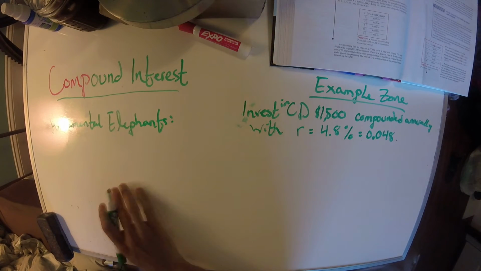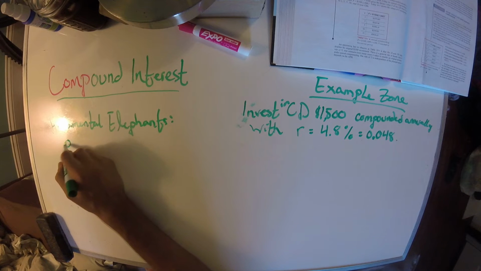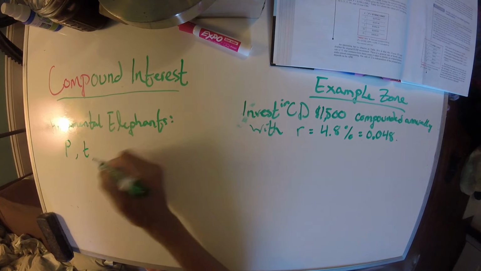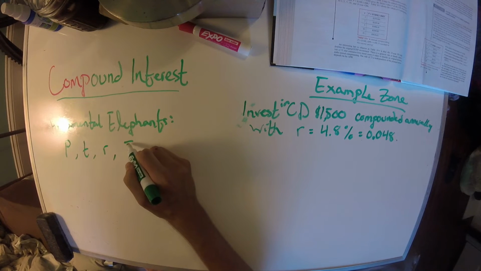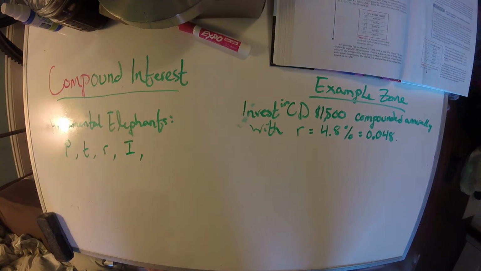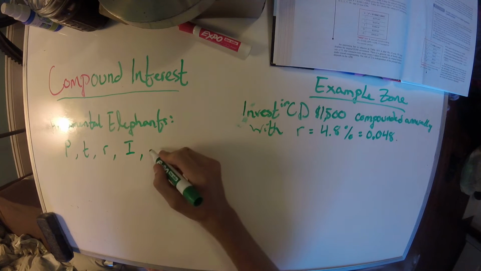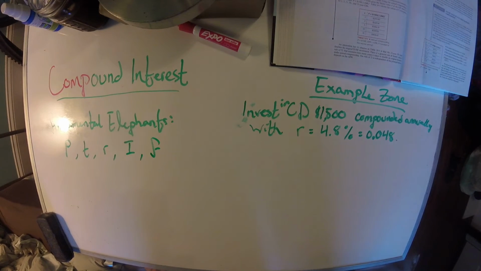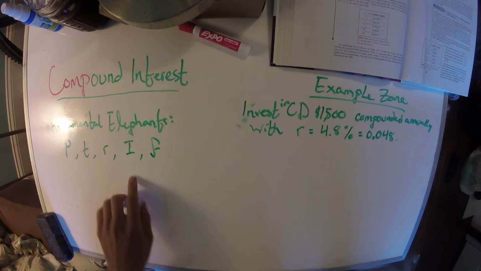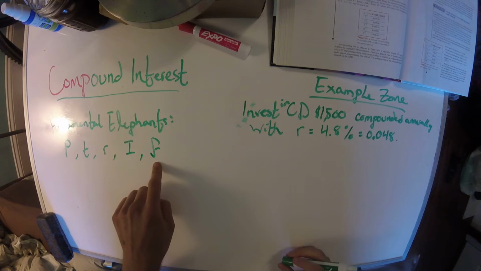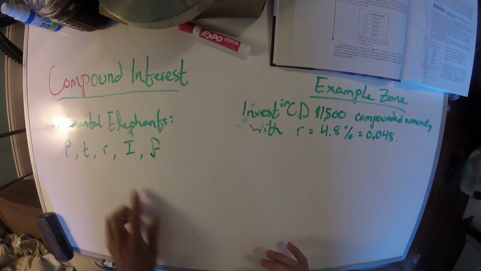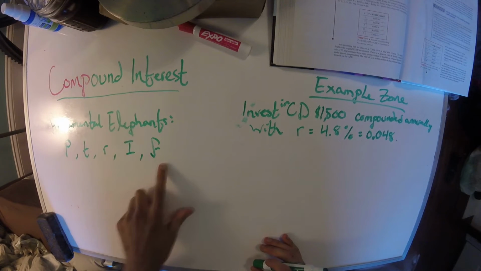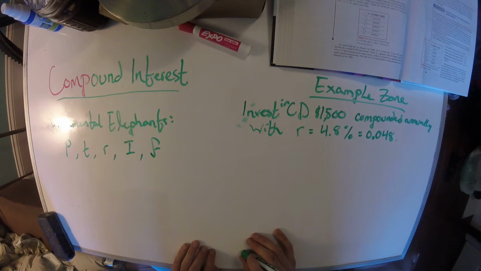And those are P, the principal, T, time, R, rate, I, interest, and F, final payout. For this, we kind of ignore interest and pay more attention to the final payout, so I won't ask you too much about the actual interest, but to get the interest, you would always just subtract the principal from the final payout if you wanted to.